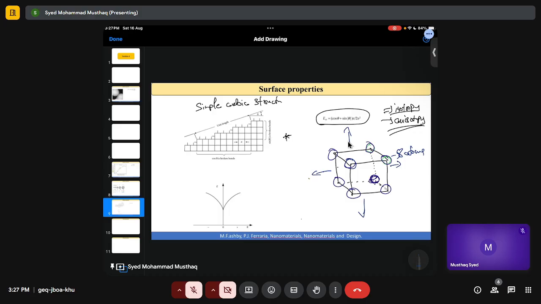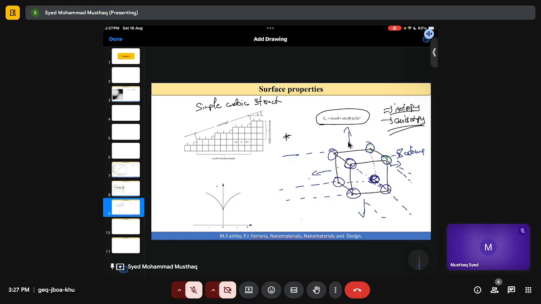Let's say this is the plane we are talking about. Now whatever is above, or out of the screen, you will have another lattice here, in front of the lattice.